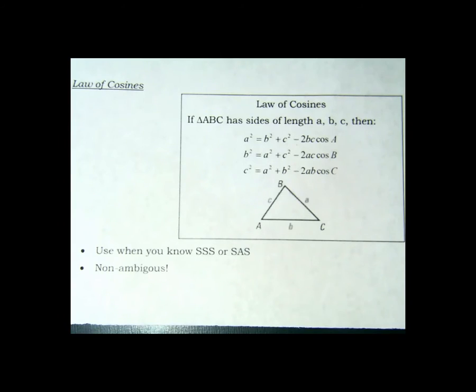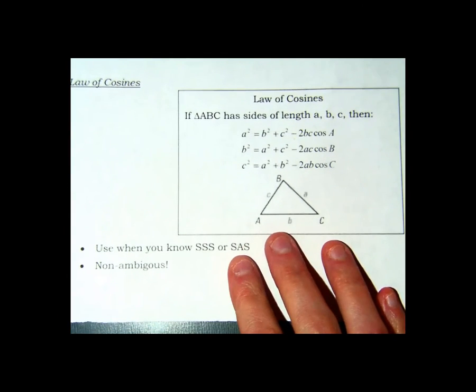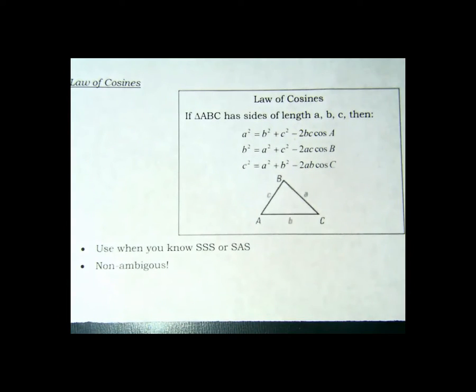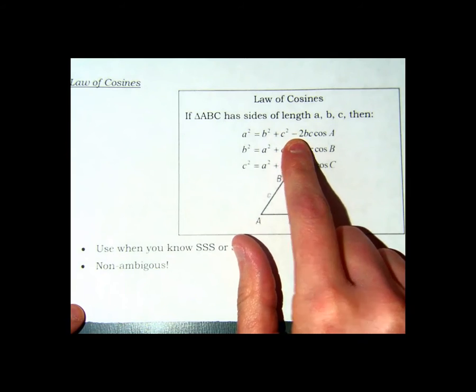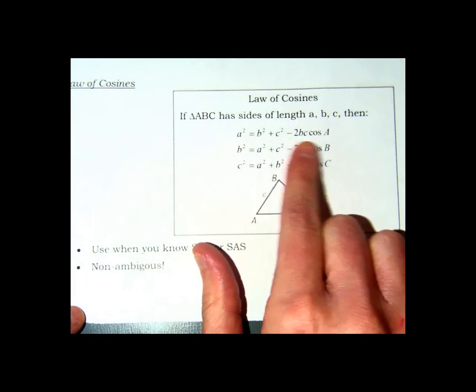It's different to memorize. But, and this is obviously not true, this reminds me of another formula. It looks exactly like the Pythagorean theorem, except they just add on minus 2 times BC cosine of A. We're going to focus on this formula.